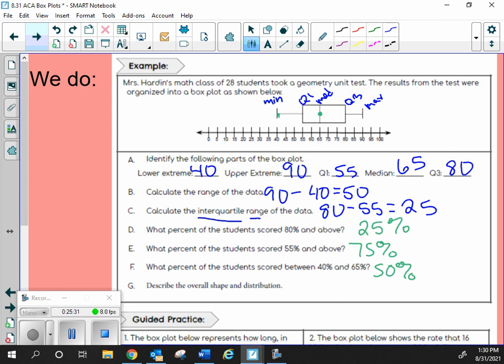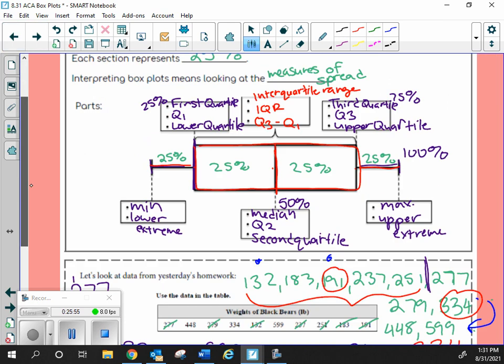Let's take it back to symmetrical, left skew, or right skew. Remember, it doesn't have to be perfect. On average, I would probably say it's symmetrical. I know the median's just a little bit off, but for the rest of it, let's compare it to the other one we just did.